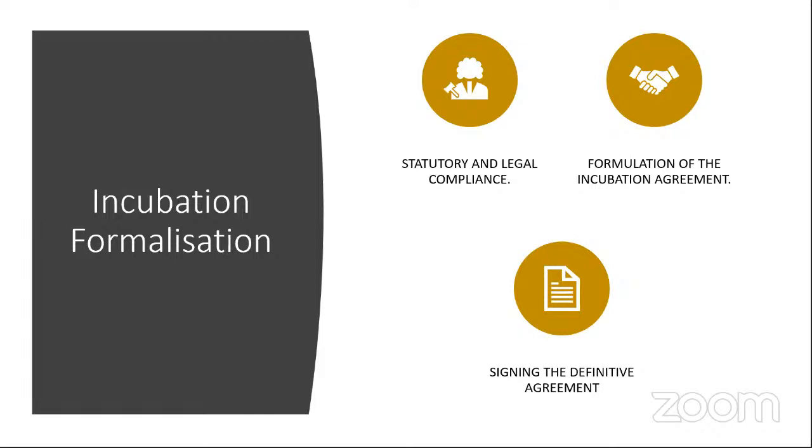This will require some legal proceedings, which will be governed by the rules that the incubator has. And finally, once the rules or parameters have been set, there needs to be a definitive agreement, so that both the startup team as well as the incubator are bound by those.